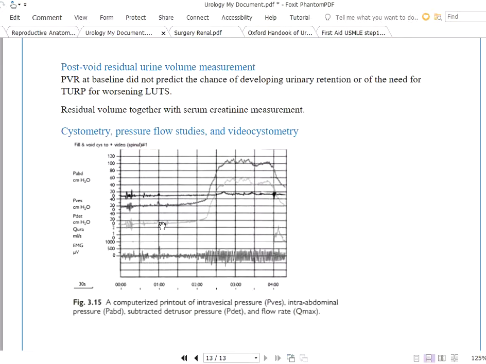The other exam is post-voidal residual urine volume measurement. This is done with ultrasound. It is done maybe in a case where we think the patient might have strictures, or a patient who may need transurethral resection of prostate.